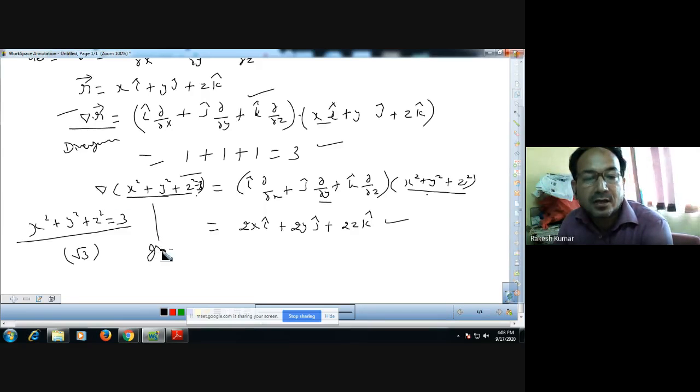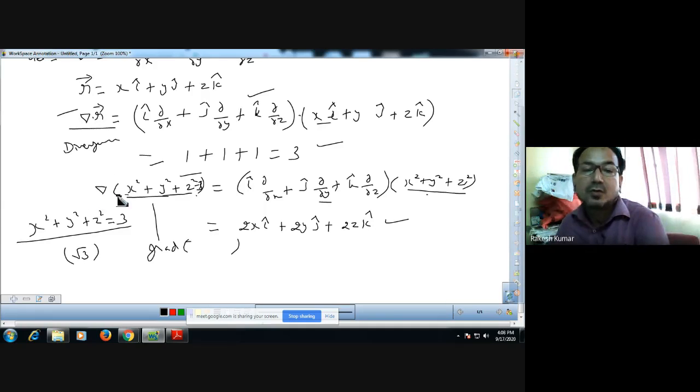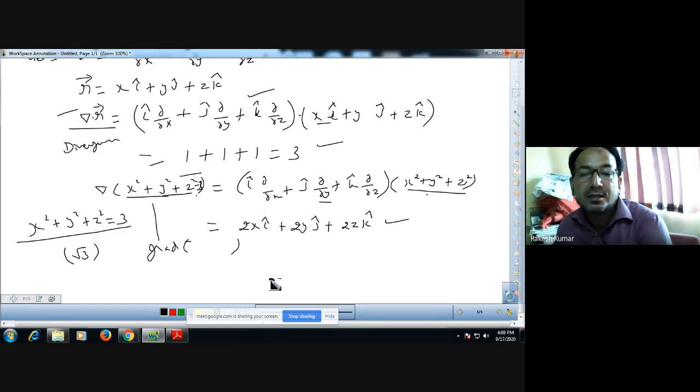You can also write gradient as grad of a scalar. Generally, grad is also written with del, but in case of divergence, we use dot here, and in case of gradient we don't use the dot product here. So divergence is always of a vector quantity, but gradient will always be of a scalar quantity. Always remember this point.